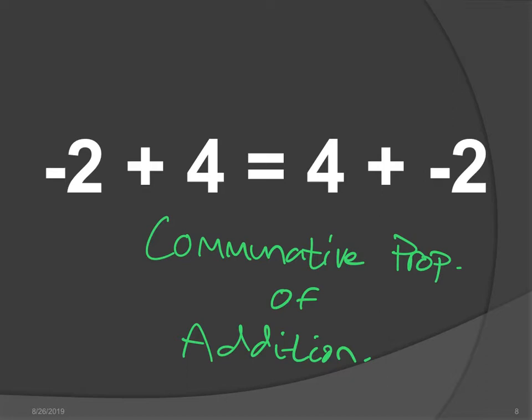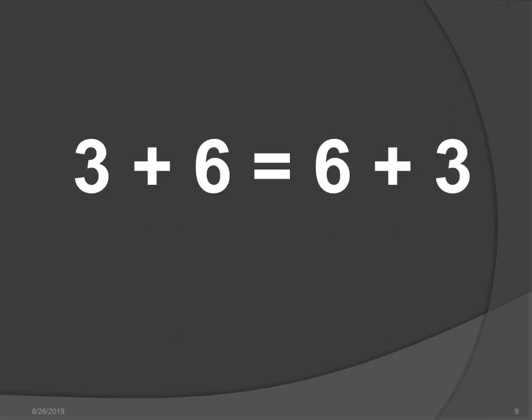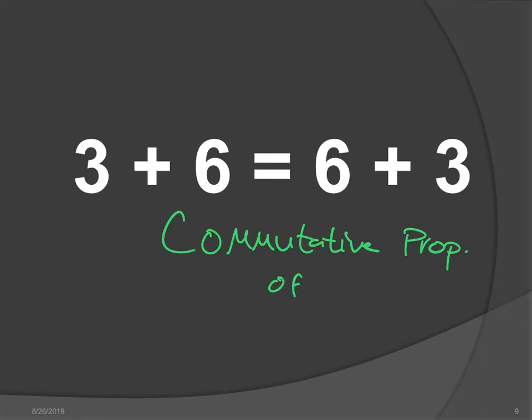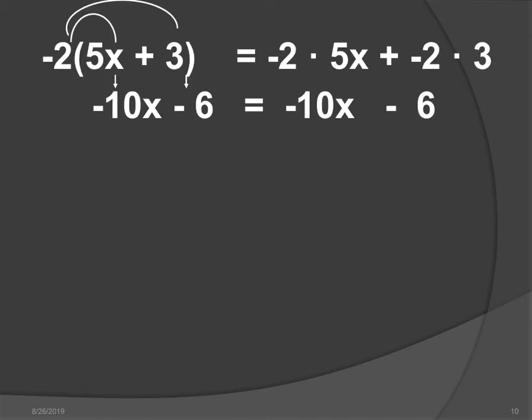Negative 2 plus 4 is the same as 4 plus negative 2. Uh-oh, what about this exact next one? It is the same thing. It is the commutative property of addition, because once again you're just taking the order and flipping them around. It's only 2 of them.